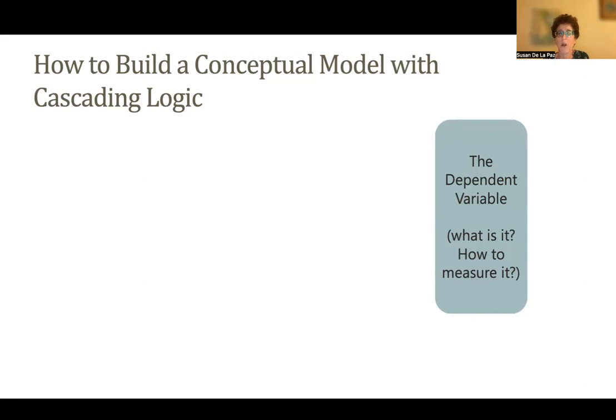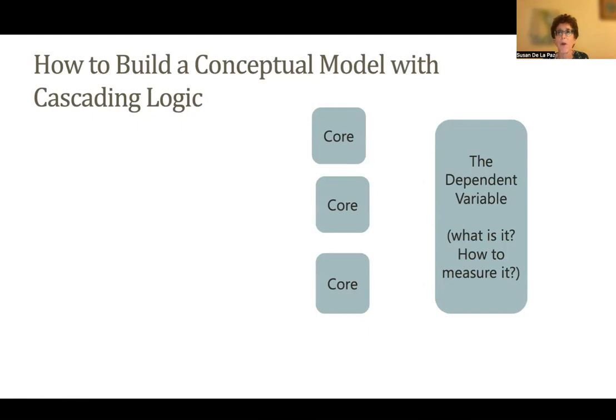What's my outcome? What do I want to promote? What do I want to change? What do I want to improve, etc.? Then, moving backwards, I need to think about there may be one or more core variables or core activities or core aspects to my intervention.